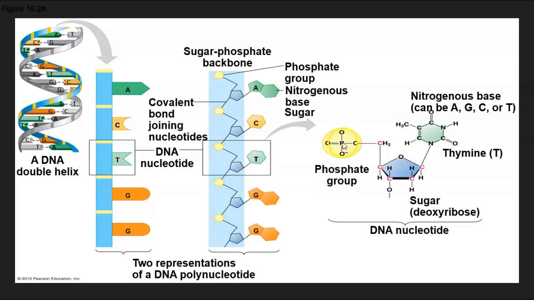This one shows specifically the DNA nucleotide for thymine that we looked at a minute ago. We've got our phosphate, and there's our sugar. You can see this is deoxyribose because there's only one oxygen in the ring. The D part means remove oxygen, so there's one less oxygen here. Then our nitrogen base is attached to the number 1 carbon.